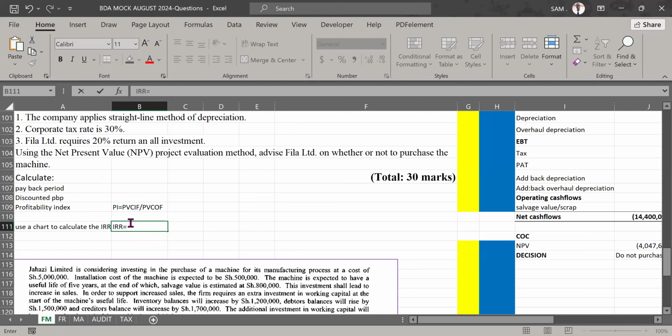I know here it is telling us to use a chart. You are going to use a chart, but in case you want to compute it, how do you compute it without going to the chart first? NPV is 0. Equate the NPV to 0. IRR, internal rate of return. We forgot.